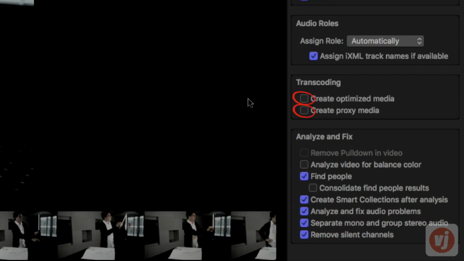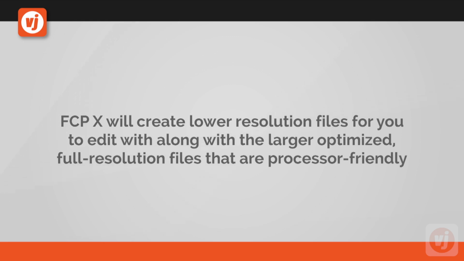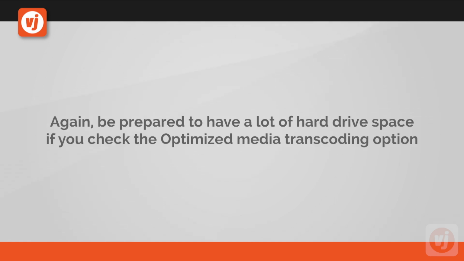If you check both boxes, Final Cut Pro will create lower resolution files for you to edit with, along with the larger, optimized full resolution files that are processor friendly. Again, be prepared to have a lot of hard drive space if you check the optimized media transcoding option.